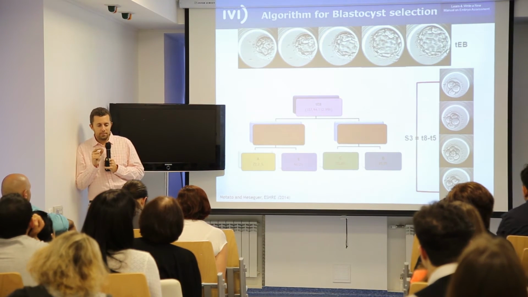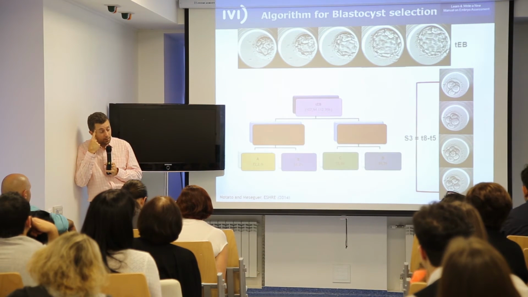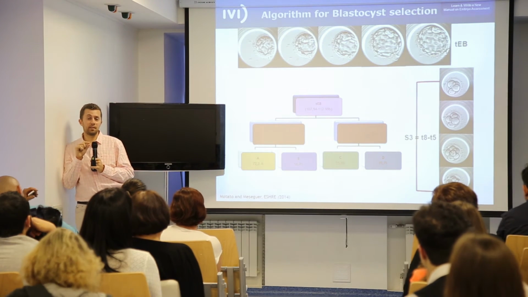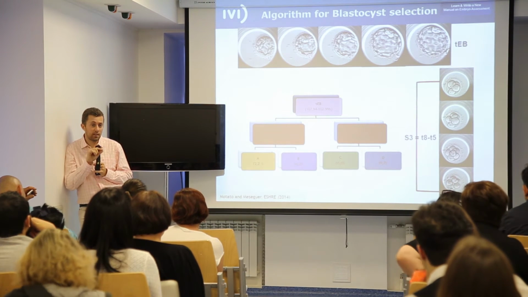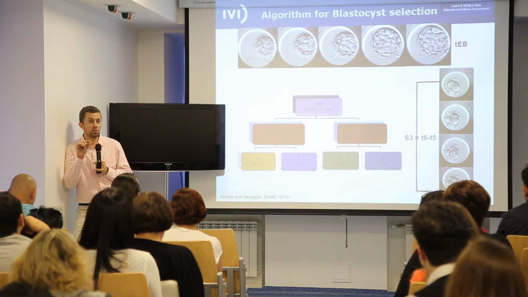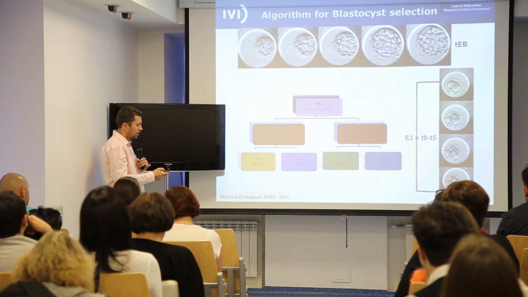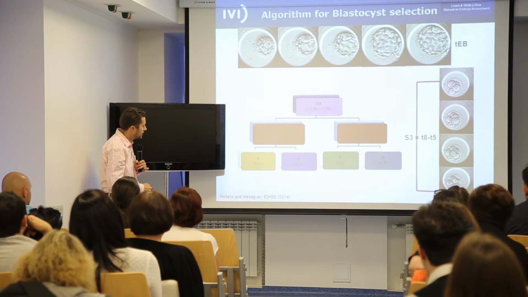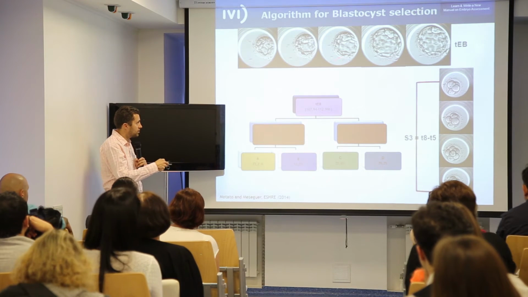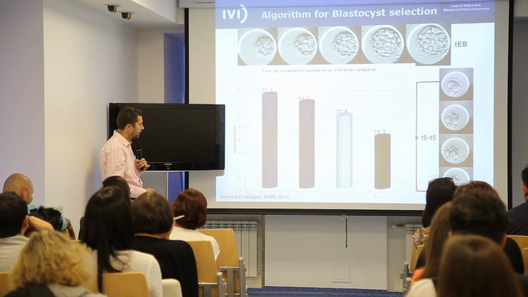We tried to measure the time of expansion, which is a little bit subjective to do, and we also realized that the embryos that are cleaving very well from 5 to 8 cells, very synchronized, are better embryos, or embryos that have more chances to implant when you move to blastocyst. So we defined an algorithm that you may see here that can potentially be used for blastocyst selection, measuring the time of expansion and the synchrony of the third cell cycle.